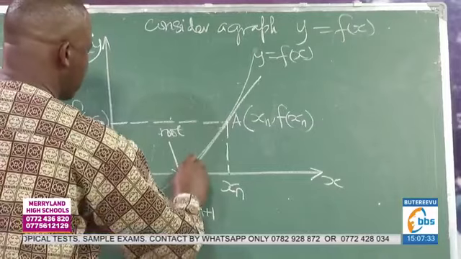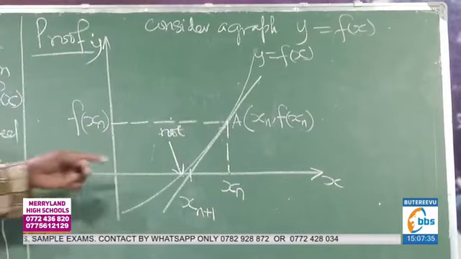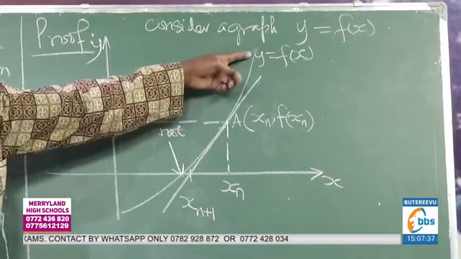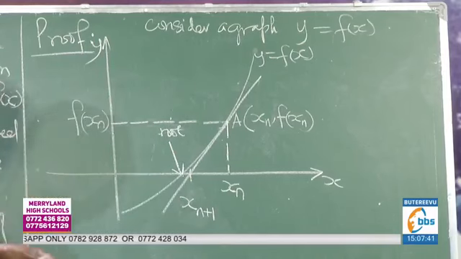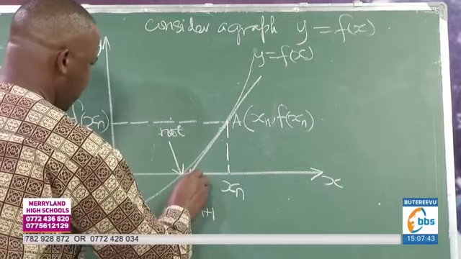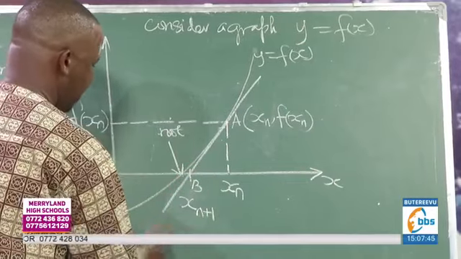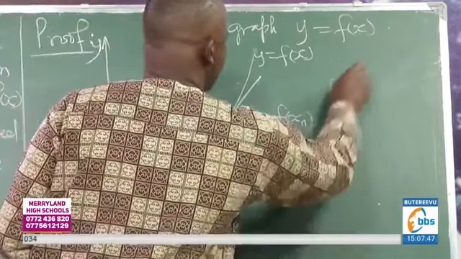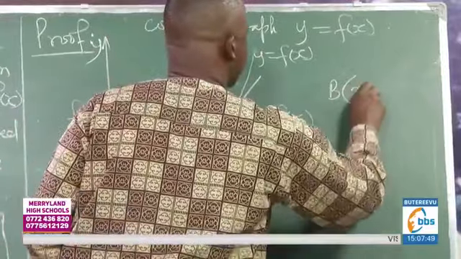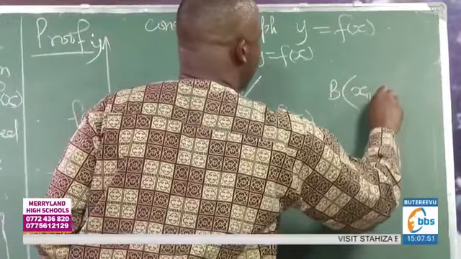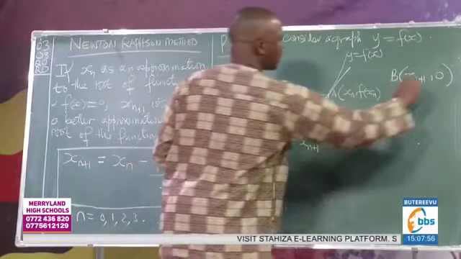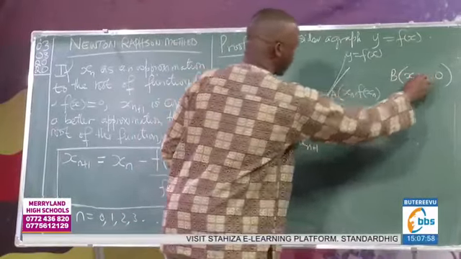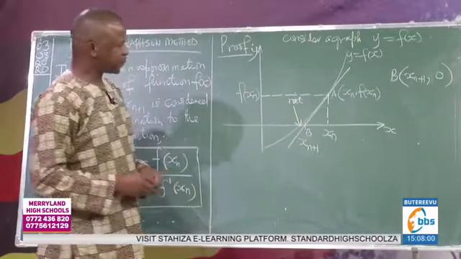But the coordinate at this point, since when this curve cuts the x-axis, the value of y will be 0. The corresponding coordinate, if I call it B, the coordinates of B will be xn plus 1, 0. That would be the coordinate corresponding to this point B.